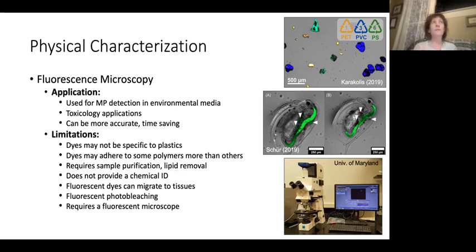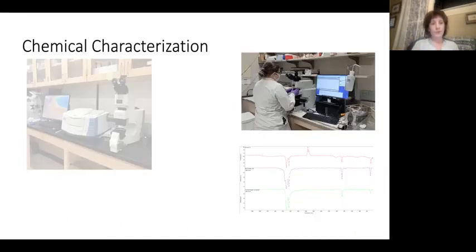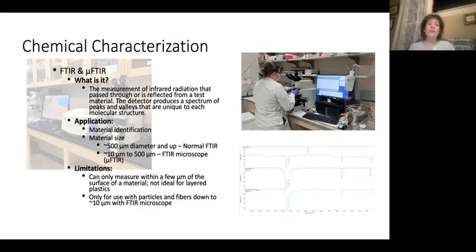And it's not considered a way to replace the use of spectroscopy or GCMS to chemically identify at least a portion of your samples. For chemical characterization, FTIR, which is Fourier Transform Infrared Spectroscopy, and it's okay to just say FTIR, this is the measurement of infrared radiation that is passed through or is reflected from a test material.